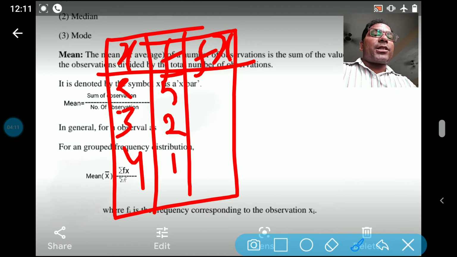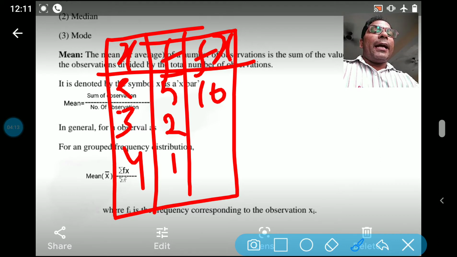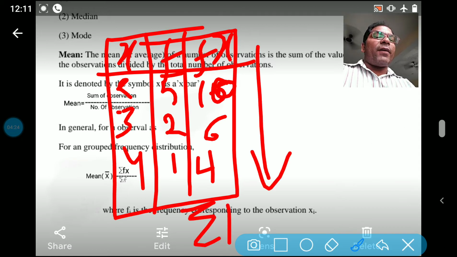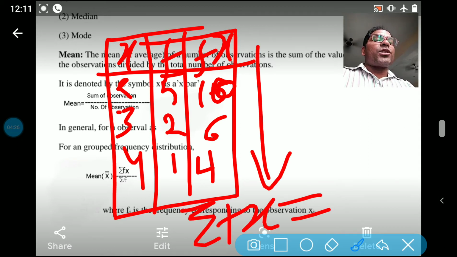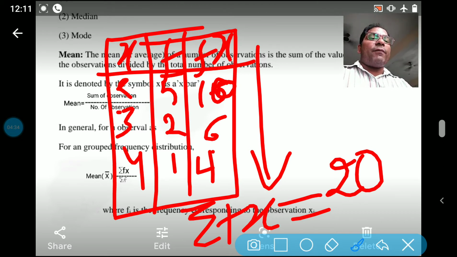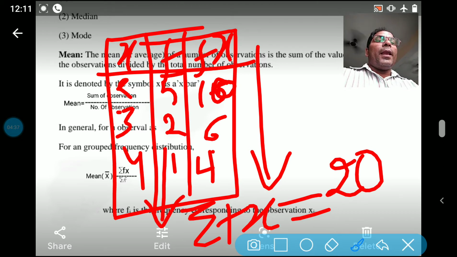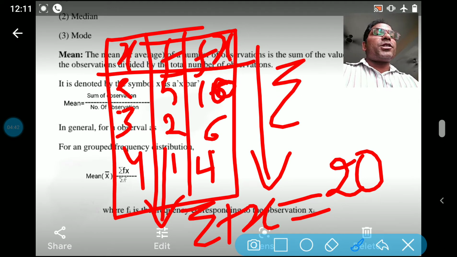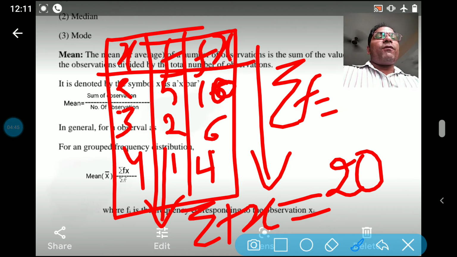Then fx will be 5 times 2 is 10, 2 times 3 is 6, 1 times 4 is 4. The sum of these terms fx is called sigma fx: 10 plus 6 is 16, 16 plus 4 is 20, so sigma fx is 20. Now sigma f means the sum of the frequencies: 5 plus 2 is 7, 7 plus 1 is 8, so sigma f is 8.